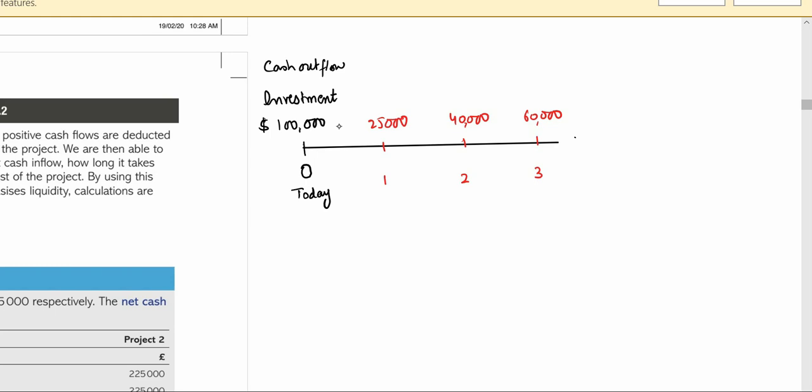Against that investment we earn some amount in the first, second and third year, and these three red amounts are called cash inflows, because we will earn these amounts in three years. The red amounts are coming into the business, and the investment is going out from the business. The investment is the cash outflow, and the amount we will earn in future is the cash inflow for the business.